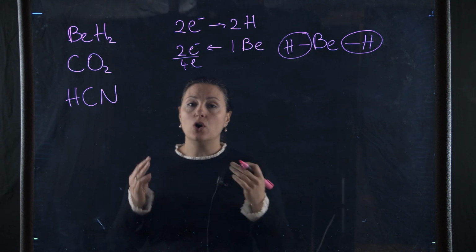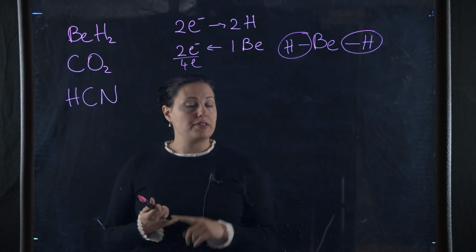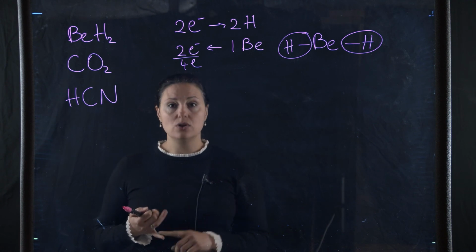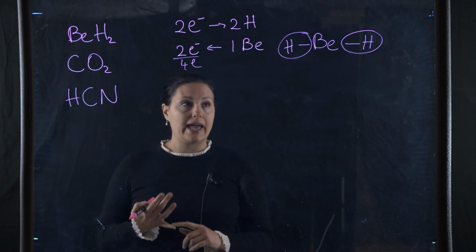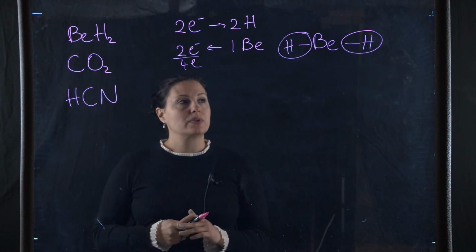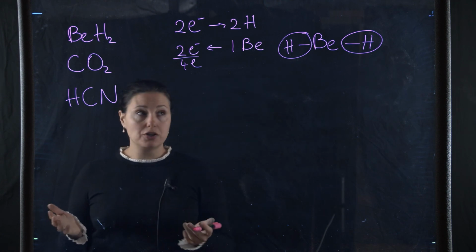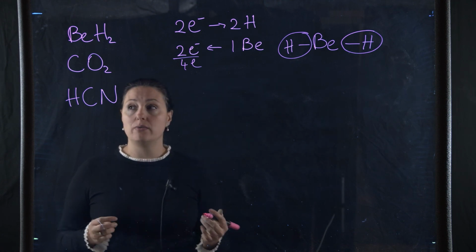When I have only 2 groups around the central atom, whether they are atoms or an atom and a lone pair, well, in this case it will just be the atom, then that means that I have a linear molecule. There is no other way around.